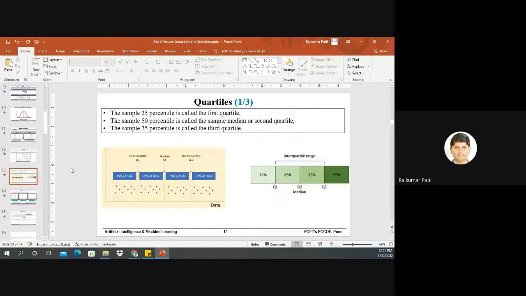Again, we saw quartiles, and generally when we rank students, as we saw in the example, we go for quartiles. So generally we say that if we get marks above 75, then we can call it a distinction, and accordingly we can divide the remaining.